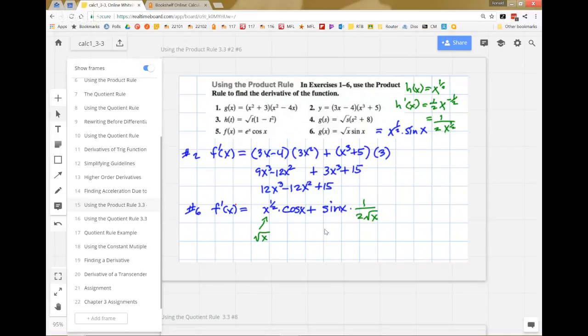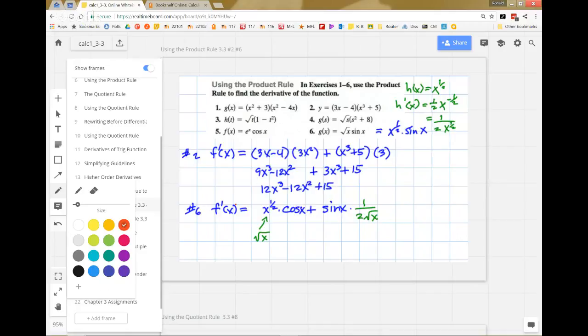On this one, we could have avoided the product rule and just multiplied 3x minus 4 times x cubed plus 5 using FOIL. And then we could have just used the simple rules for finding the derivative. But, of course, then we would have violated the directions. It says, I want you to use the product rule.